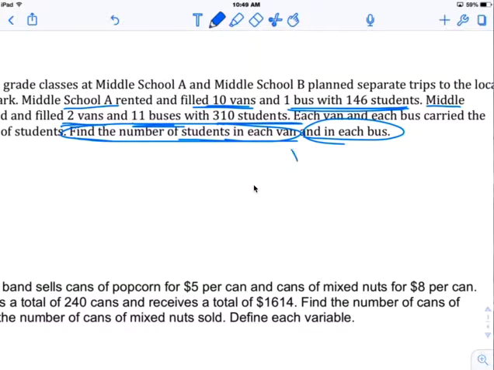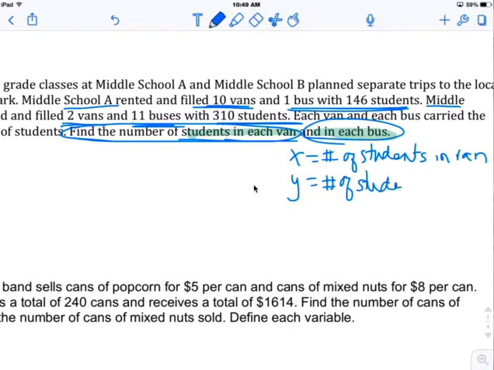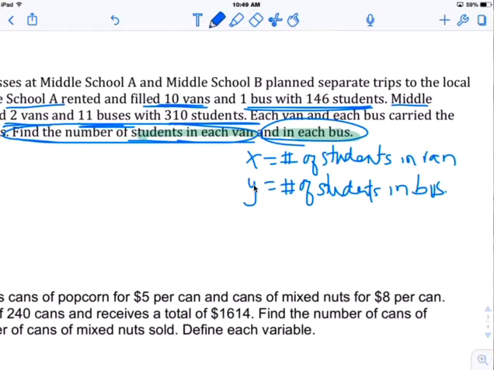So let X be the number of students in the van, Y be the number of students in a bus. There are 10 vans altogether, 10x.